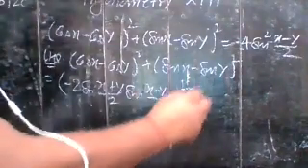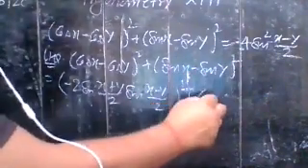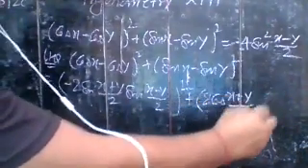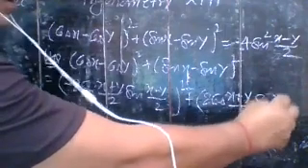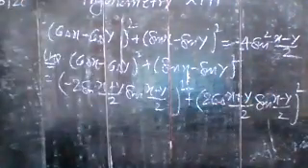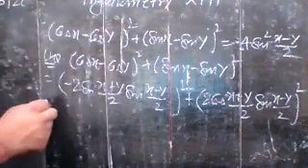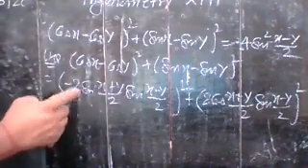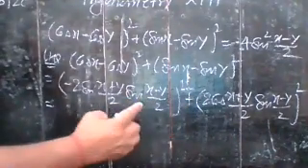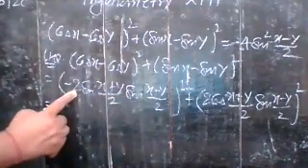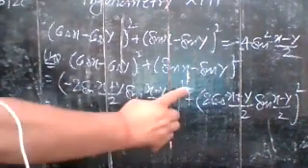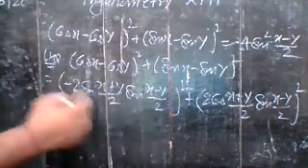And in place of sine x minus sine y, you write 2 cos (x plus y) by 2 sine (x minus y) by 2, whole square. You write in this way and expand it. Just see the result: the square of 2 is 4, and here you have sine (x minus y) by 2 whole square, so you can take it common.